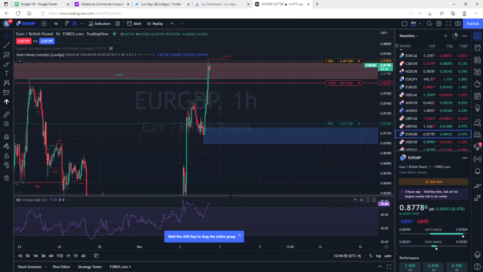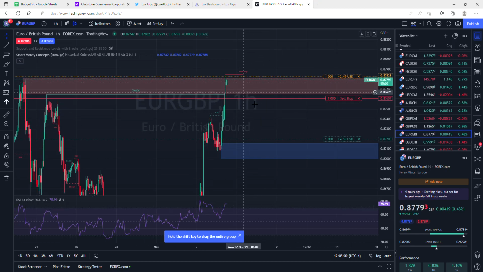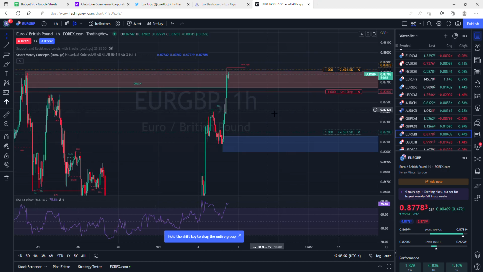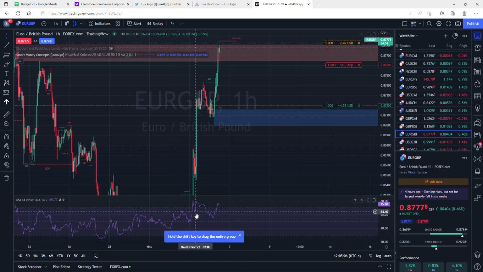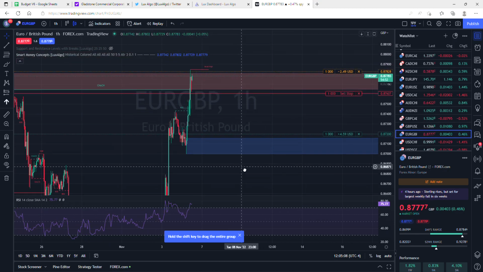You can see that we are severely overbought here. So you can see our RSI is almost at a 76. So it should be rejecting off of here sometime soon. Not sure if it'll be completely down, but we did have a really nice high trend up on the RSI.